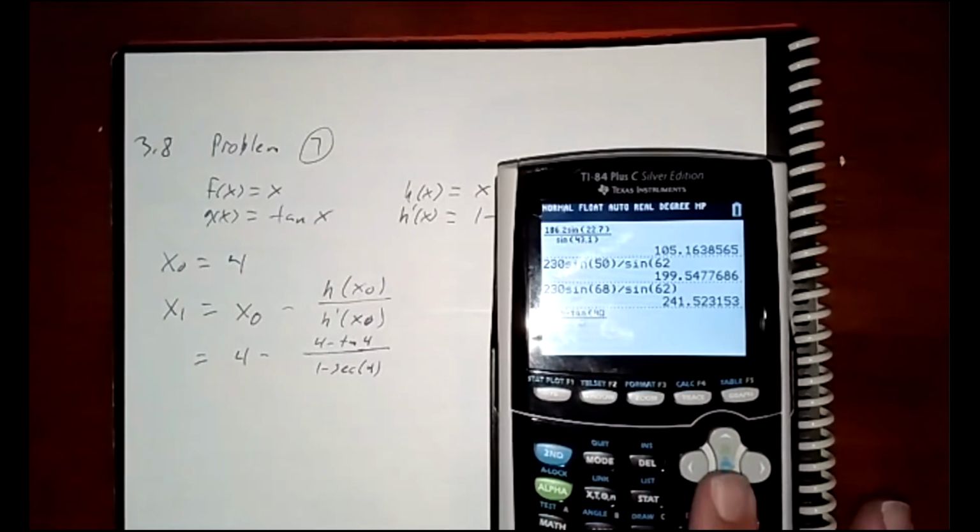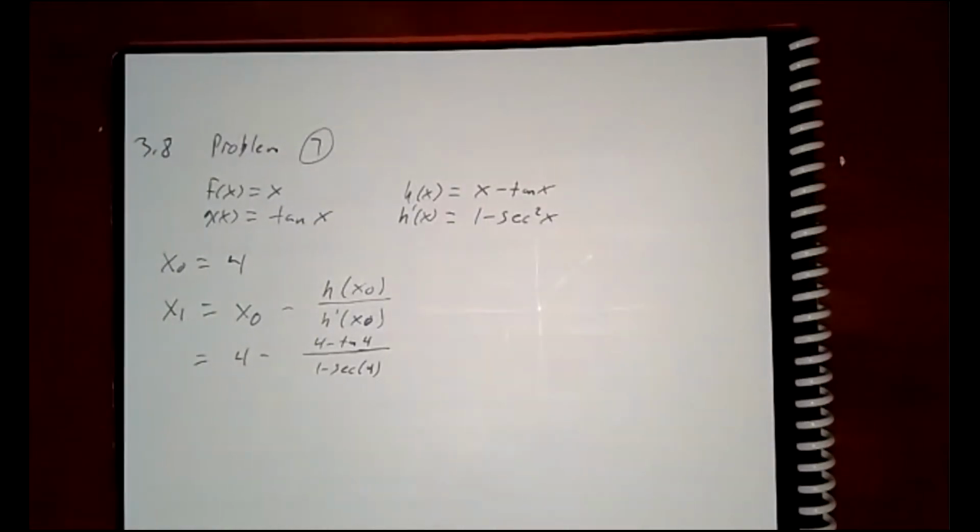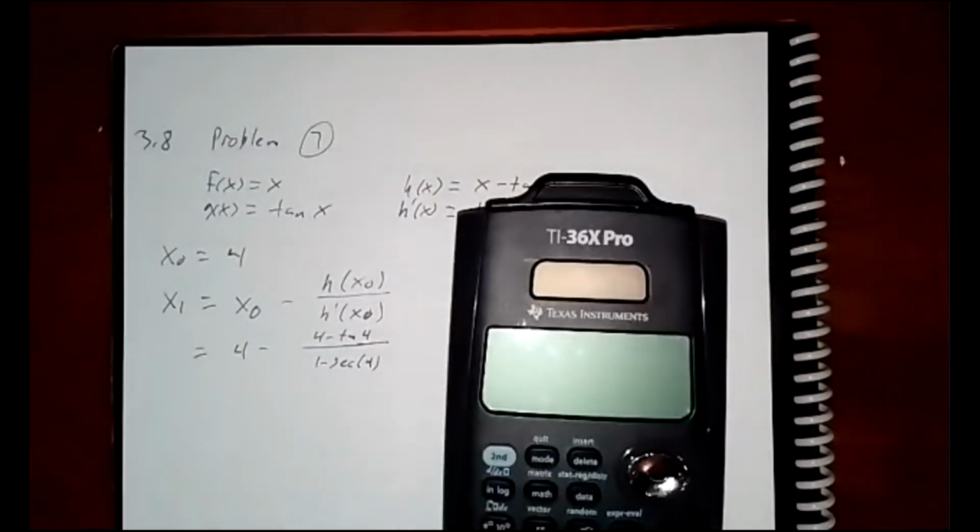I have a TI-36X Pro. How do I put secant in on my calculator? Let's use that one. So what is secant as a reciprocal? Do you remember? Because there's no secant button.